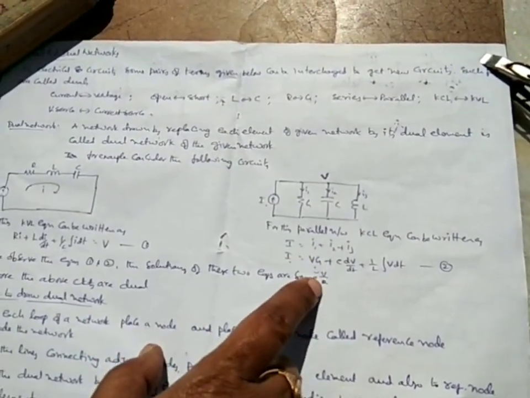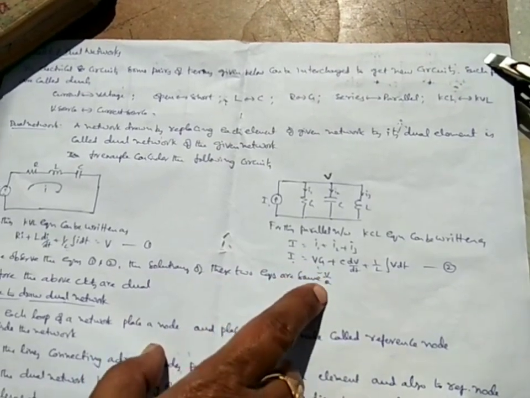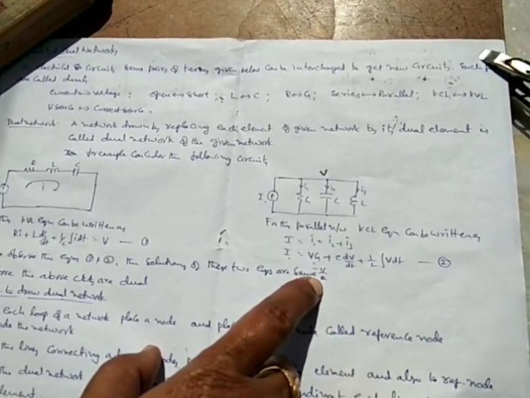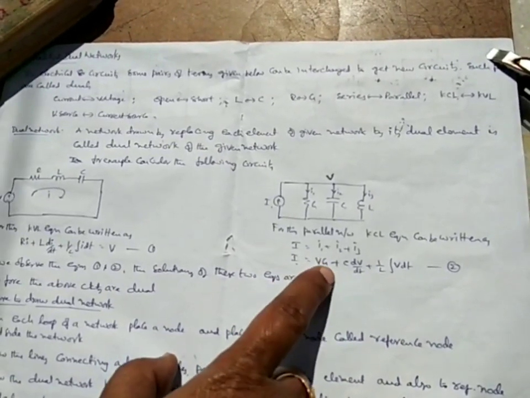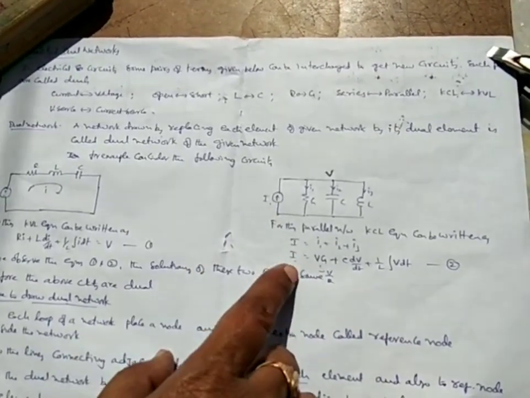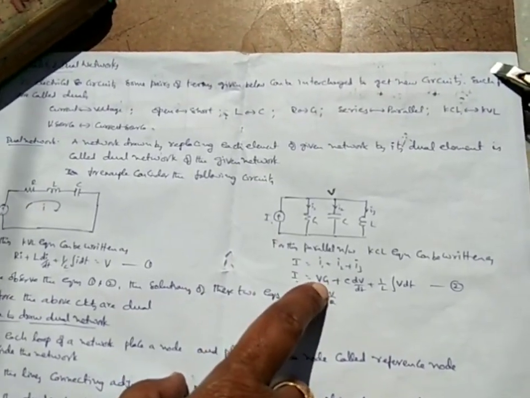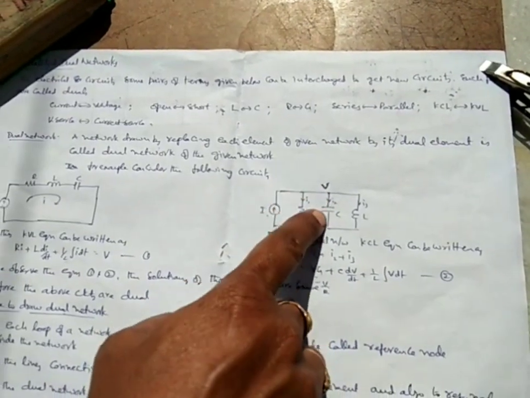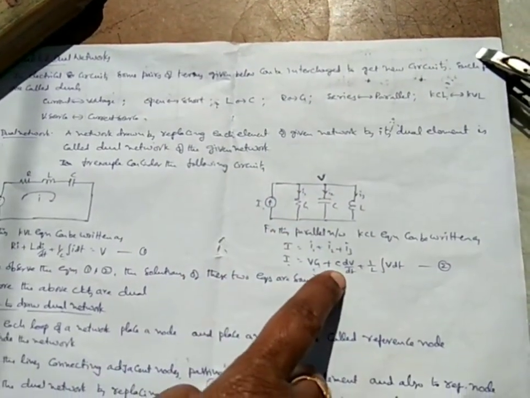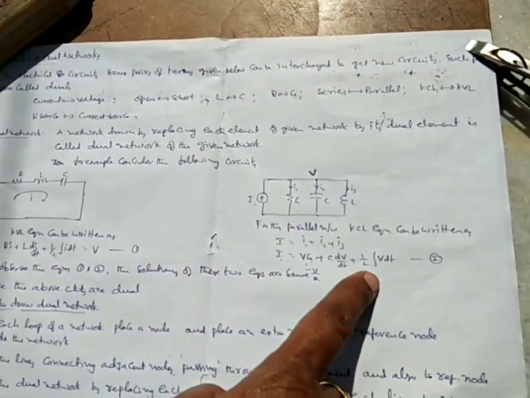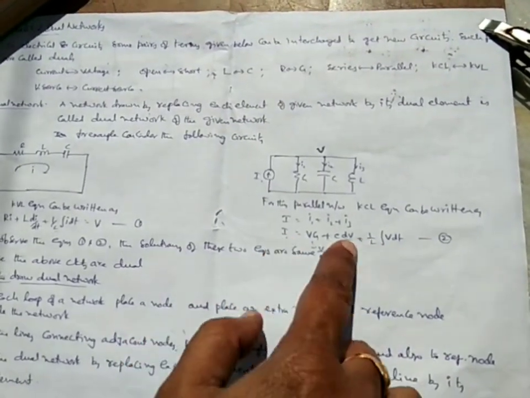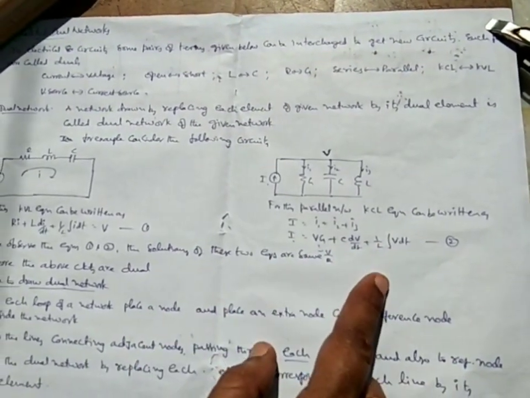This can also be written in terms of resistance as V by R, as we know 1 by R equals G, this is VG. So the current I equals VG, current in this, and current in the capacitor is C dV by dt, current in the inductor is 1 by L integral V dt. This is the KCL equation.